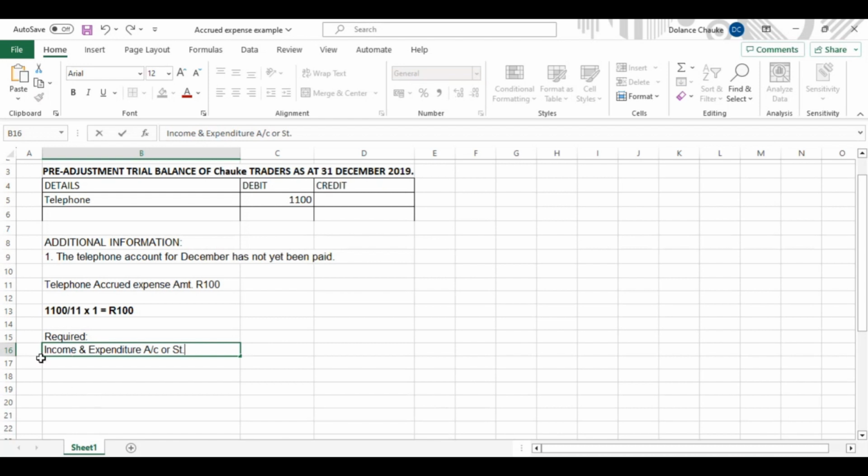So remember telephone is an expense, right? So let's say you are required to prepare an income and expenditure statement. You go under that statement.